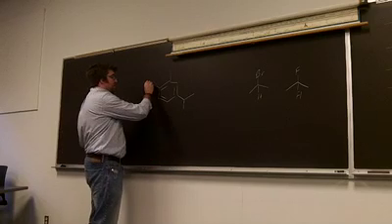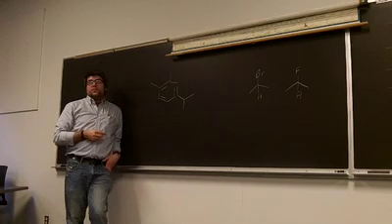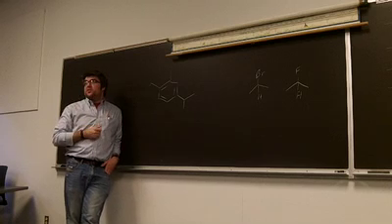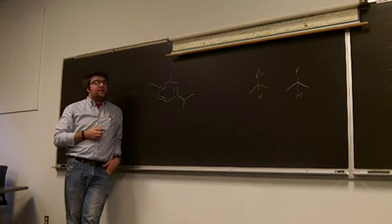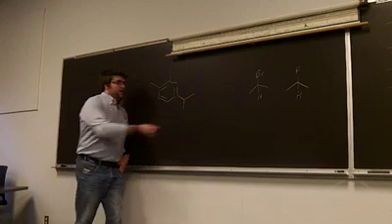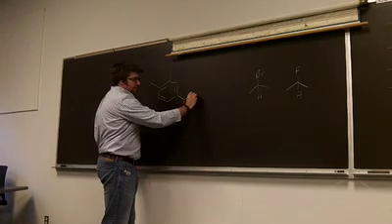Let's take a look at this and see if we can figure it out. First thing you always want to ask yourself: is this molecule symmetrical? No, it's not symmetrical. Are these two carbons the same? Yes, so let's say that's one.